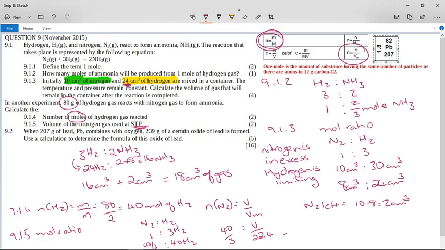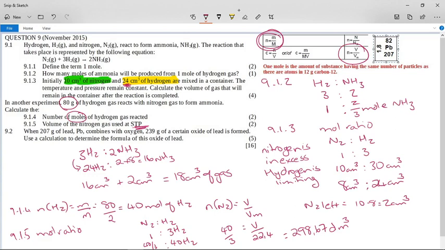If you plug that into your calculator, you will end up with, I can't remember, something like 298,67, and this is a volume, so we measure it in cubic decimeters. So you will end up with 298,67 cubic decimeters of nitrogen being used.